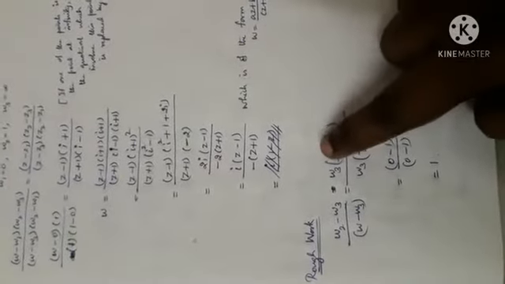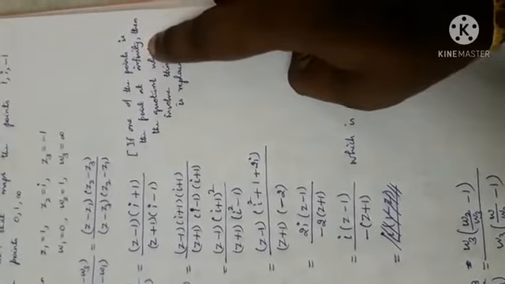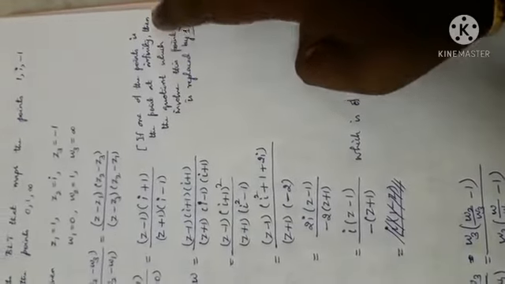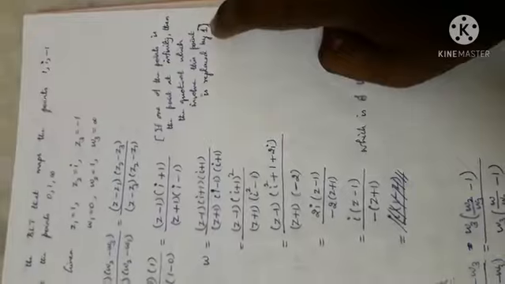When you substitute infinity, any number by infinity is 0. Similarly 0. 0 minus 1 by 0 minus 1 is 1. That's why we said if one of the points is the point at infinity, then the quotient which involves the point is replaced by 1.